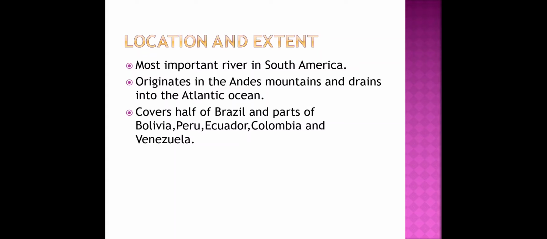It originates from the Andes mountain of west, goes all the way through Brazil, and then drains into the eastern side of the Atlantic Ocean. Now the point comes, which all regions it covers. It covers half of Brazil, parts of Bolivia, Peru, Ecuador, Colombia and Venezuela. Clear? This was about the location and extent of the Amazon basin.